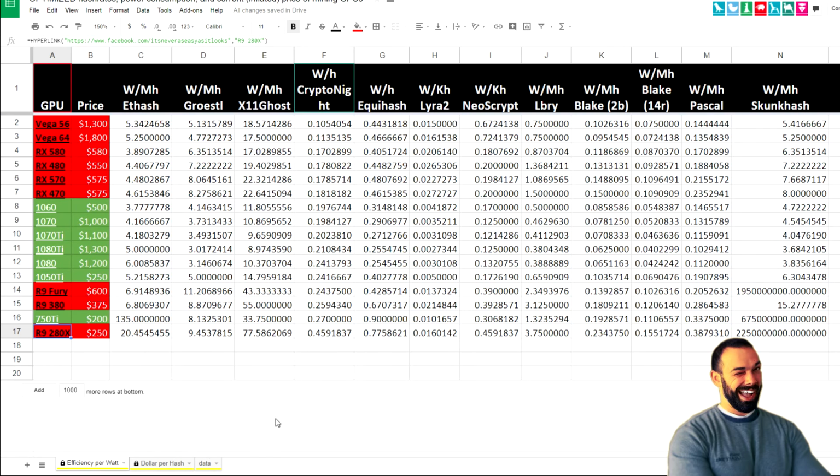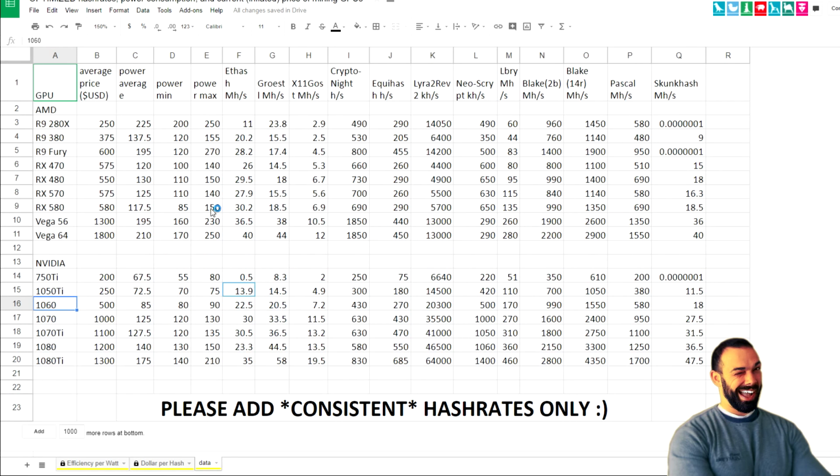It's at the bottom of the stack because it consumes more electricity than most of the other cards, given the hash rate that it has for that algorithm. Does that make sense? So on CryptoNight, even though it's the cheapest way to get a lot of hashes for your dollar, in the long haul, you'll spend more per hash on electricity than you would for almost any other card.